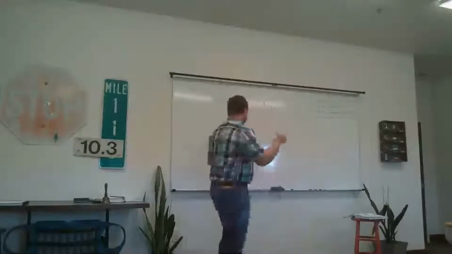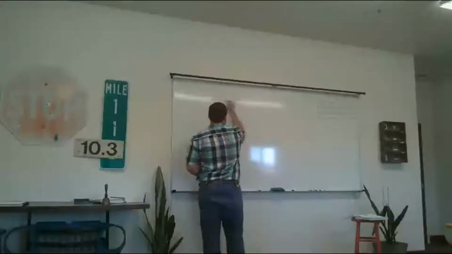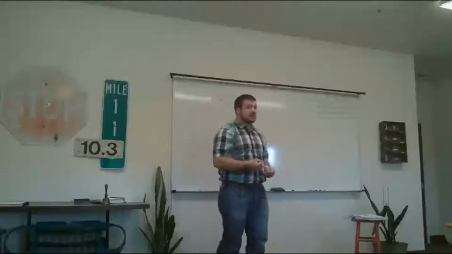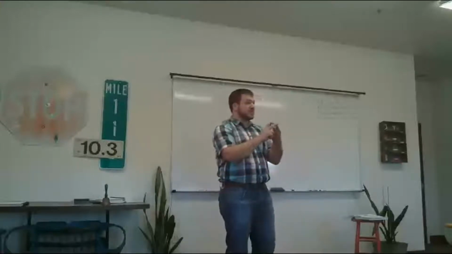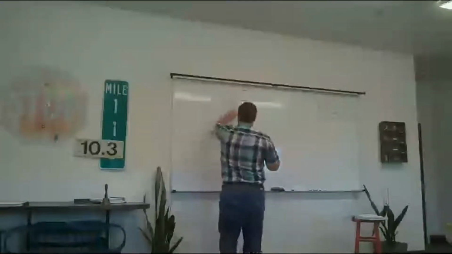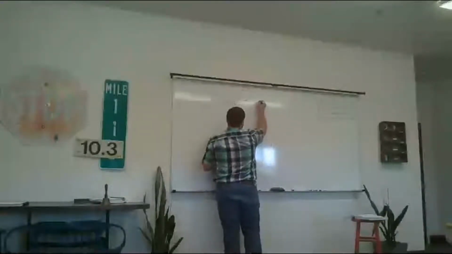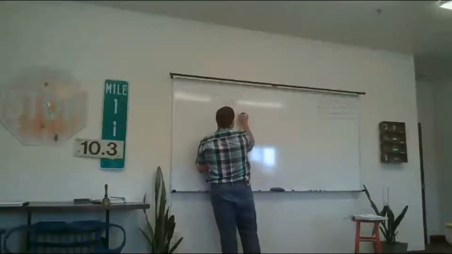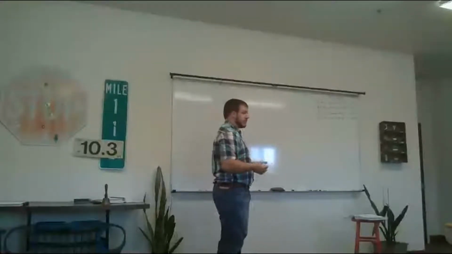You add the absolute values, so 4 plus 8 is 12, and then you use the sign that they both have, which is negative 12. Same as 4 plus 8, they're positive, and positive equals 12, because that's our absolute value, the distance from 0.